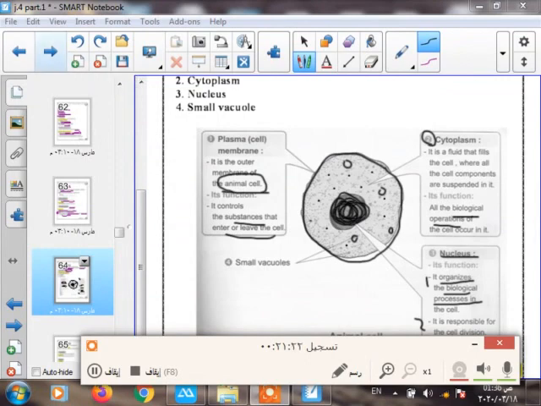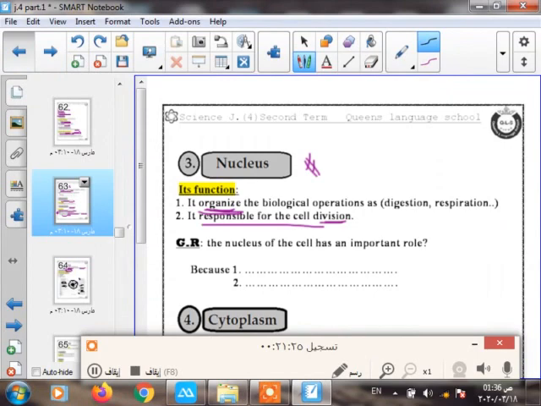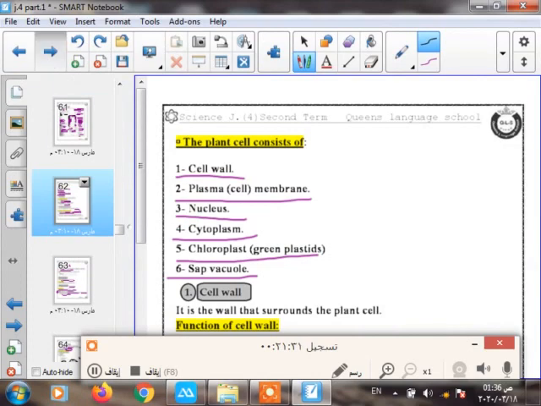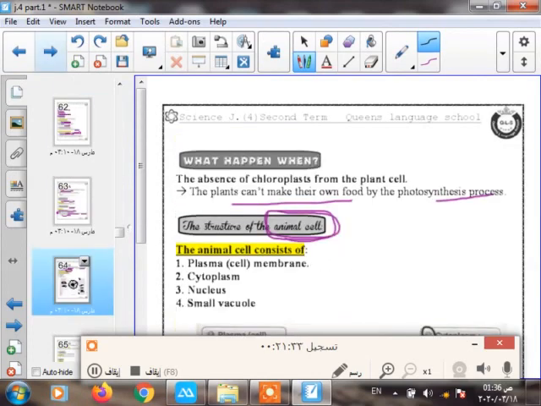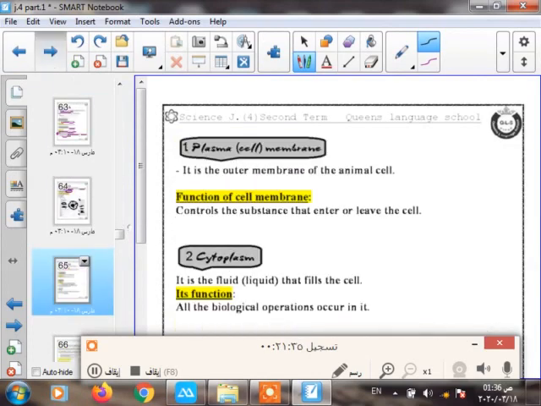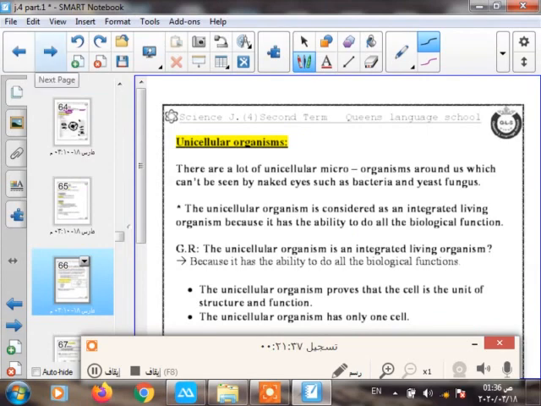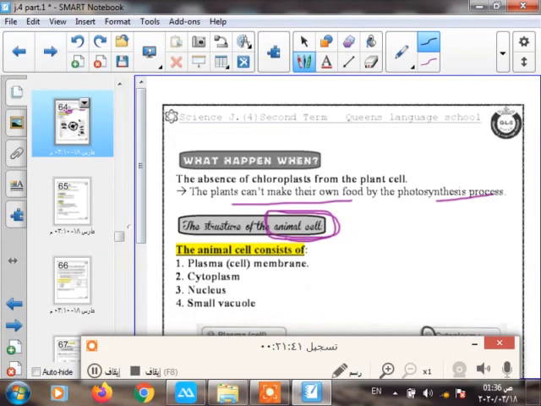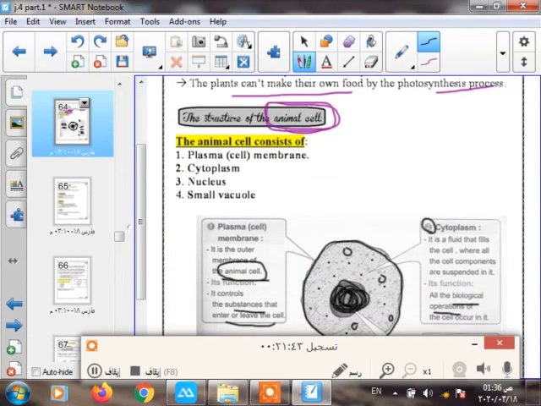So I have two things not found here. In the plant cell I have 6 parts, in the animal cell I have 4. Who is absent from the animal cell? We haven't a cell wall and we haven't chloroplast. Excellent. Here I have cell membrane, cytoplasm, nucleus, and small vacuoles only.